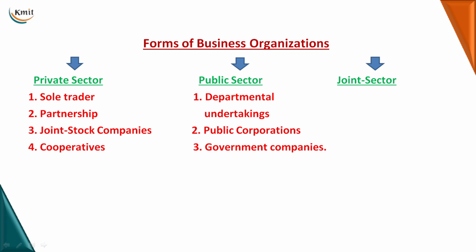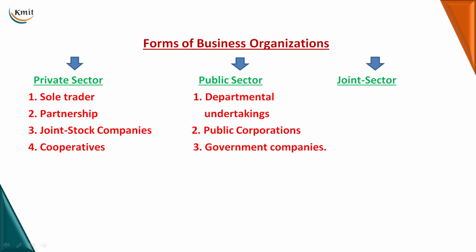These are the three categories of business organizations generally opted for in conducting business. One is private sector, second one is public sector, and the third one is joint sector.